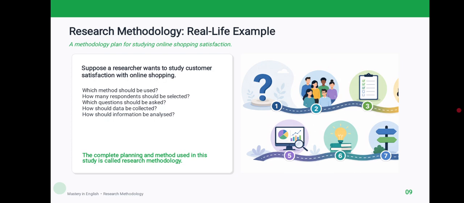So here before doing the research you must decide which method you use to analyze the data, which kind of tool that you are using in your research. The complete planning and method used in this study is called the research methodology. So students, research methodology gives the proper direction to research work.